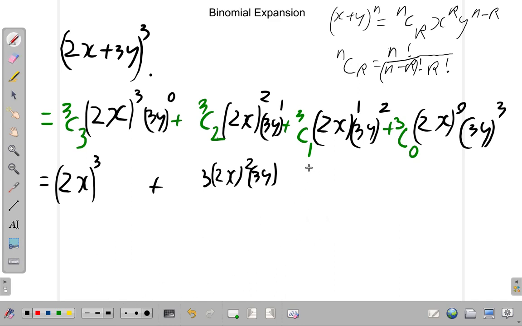Now, what is this going to be? What we have here is 3 factorial over 3 minus 1 factorial times 1 factorial. Now, 2x to the 1 and 3y to the 2.